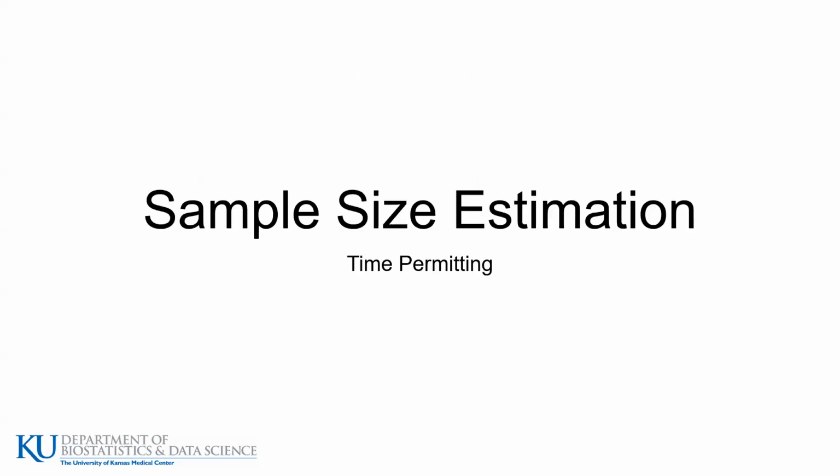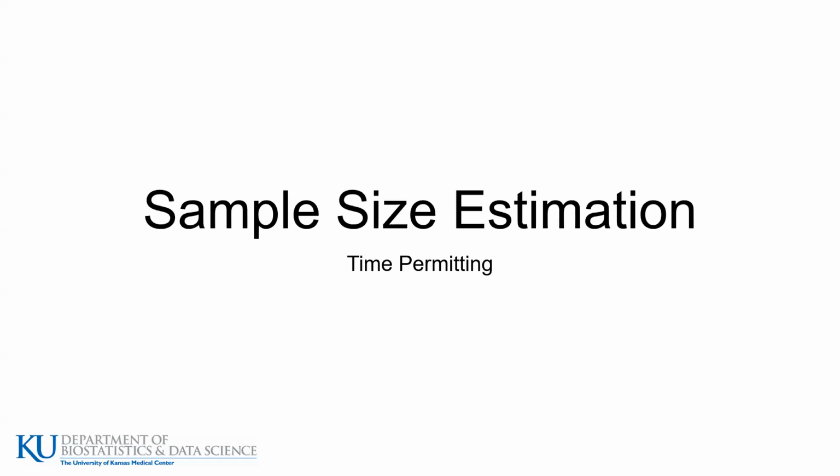So I'm going to briefly go through sample size estimation. I mentioned before that when we're designing a study, we need to make sure that we're collecting enough data that we can properly control for our sampling error.